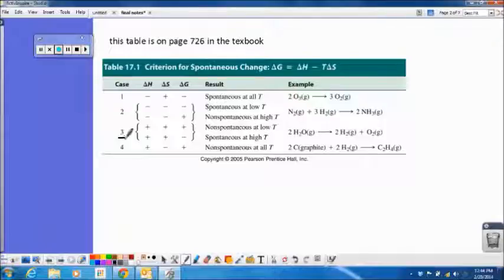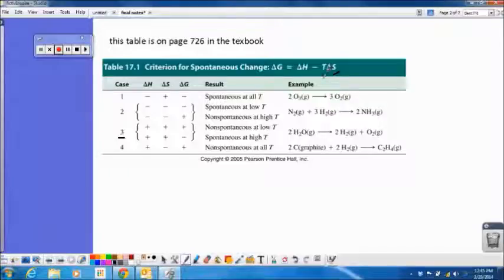Delta S predicts it is thermodynamically favored. So in this case, I want this term to be the one that predominates. If I make T big enough, I can make the delta S term drive delta G to be negative. So at high temperatures, reactions are spontaneous, and at low temperatures, they're non-spontaneous or not thermodynamically favored.